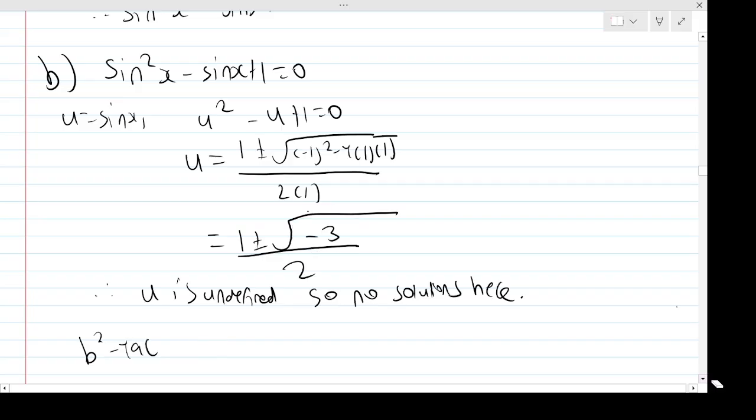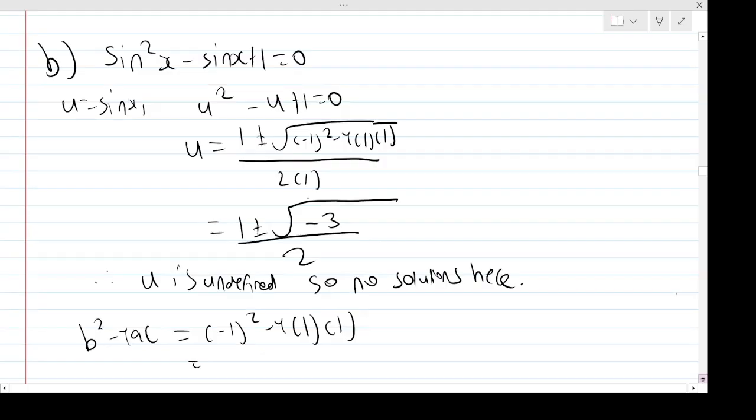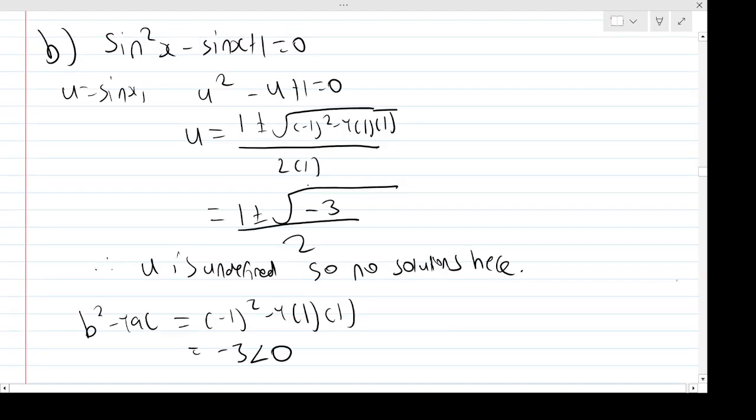So let's compute the discriminant of our quadratic. b squared minus 4ac would be minus 1 all squared, take away 4 lots of 1 lots of 1. That would get me minus 3, which is less than 0.